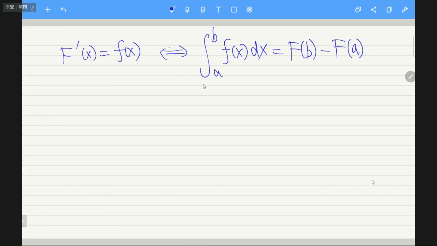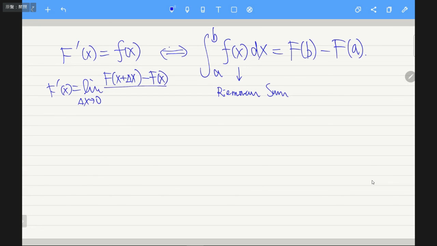When we come up with the definition of the integral, the definition is from the Riemann sum. And this is a derivative. The derivative is like we take the limit of delta x tends to 0 of f of x plus delta x minus f of x, over delta x.